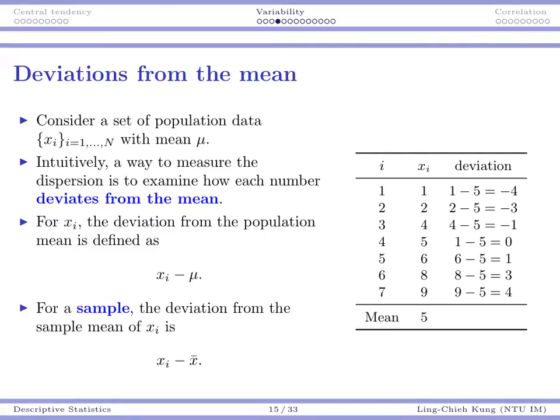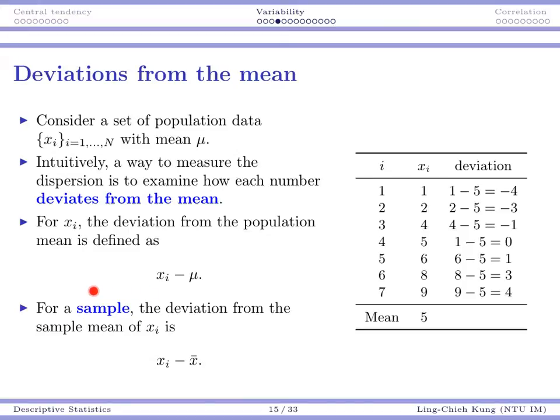If the magnitude of this number is larger, that typically means this data point is far from the mean. And if there are a lot of such numbers, then we typically say the data set is more dispersed. So for x_i, we define the deviation from the population mean as x_i minus mu.